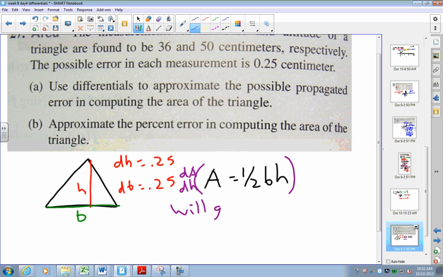We'll get dB, right? Because the variables agree. Now, does the H variable agree with dH? So then you would get dH over dH, which is 1. So do you see that's bad? I need dH as well.